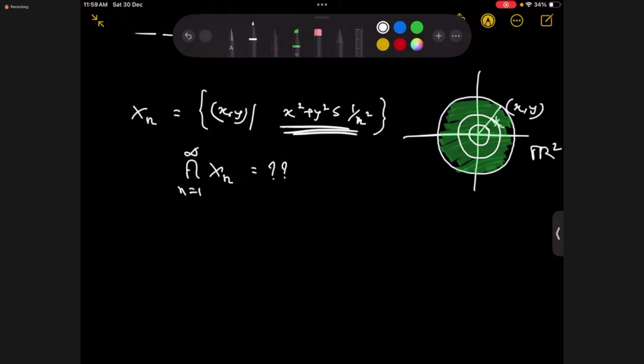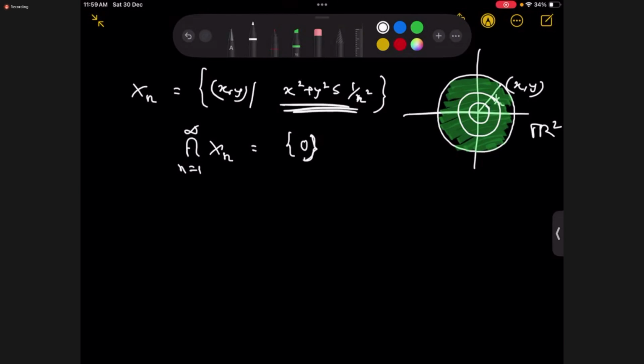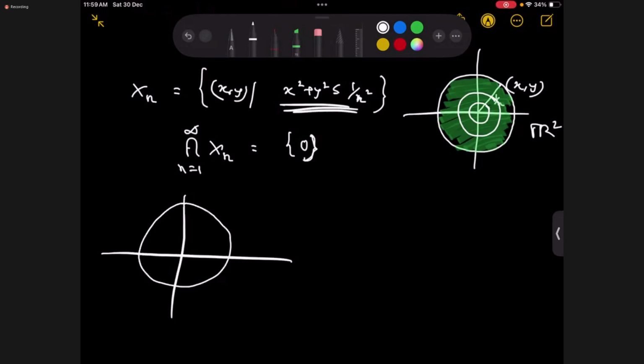Okay, so if we take the intersection of all these sets and run n up to infinity, then we will be left with only 0. Why? Let's try to understand the fact. This is our ball of radius 1 by n. Suppose this is another disk with smaller radius.